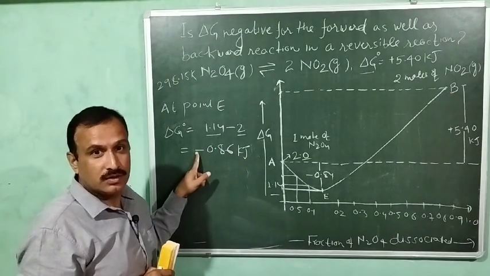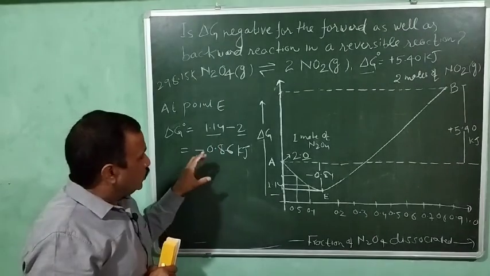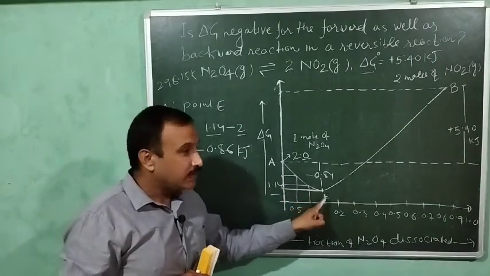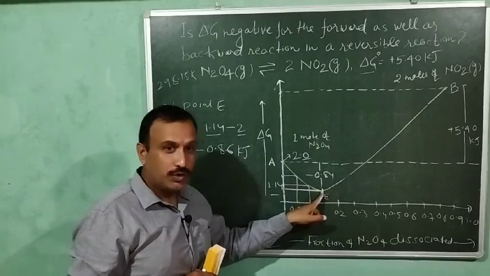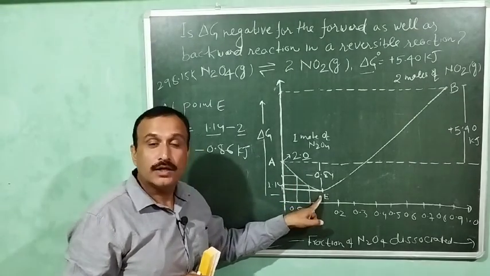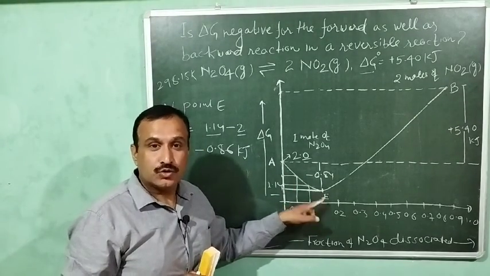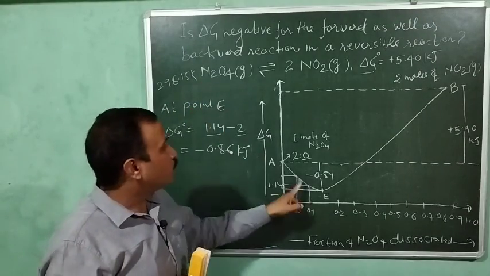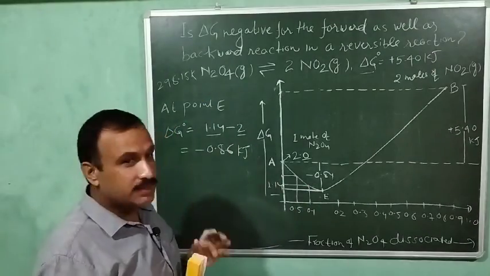This is actual. Okay, so you are clearly watching here that the delta G is negative from this point to this point, that is from the reactant to the equilibrium point. So this reaction is spontaneous from the reactant side up to the equilibrium point because delta G is negative.